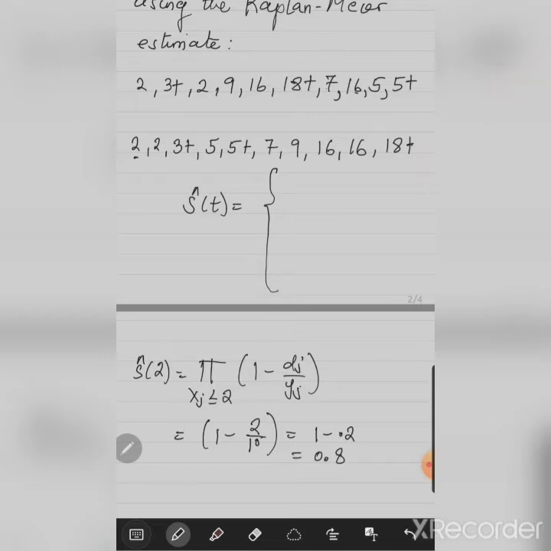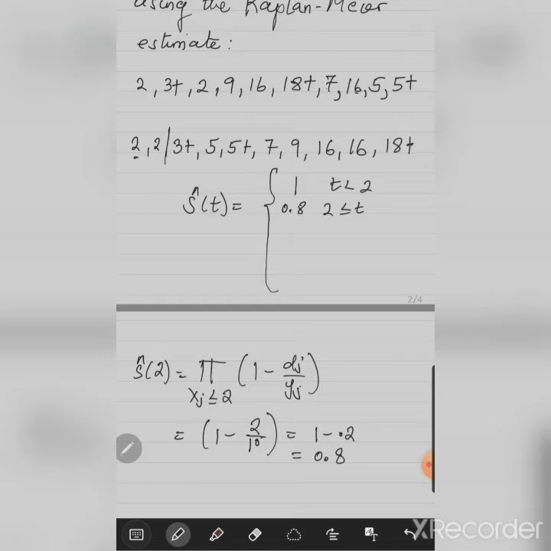The survival curve for t less than 2 is going to be 1, because no events have occurred prior to time 2, and when t is greater than or equal to 2, the estimated curve is 0.8. So we are done with time 2.